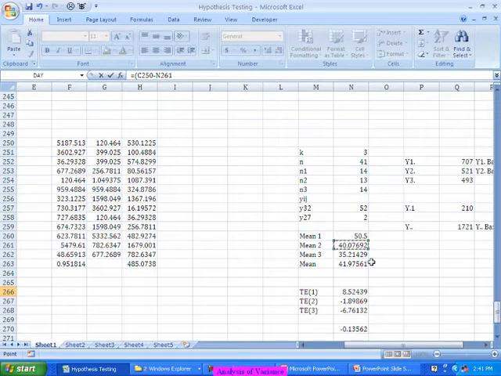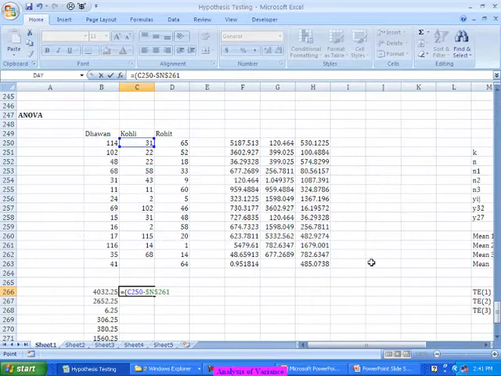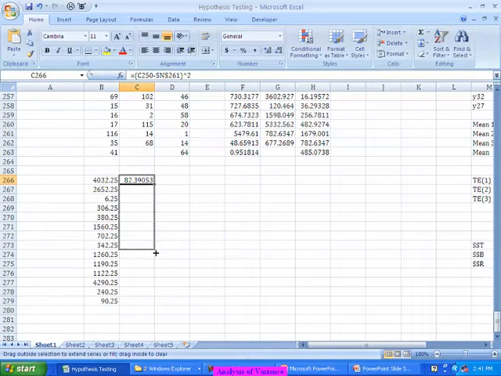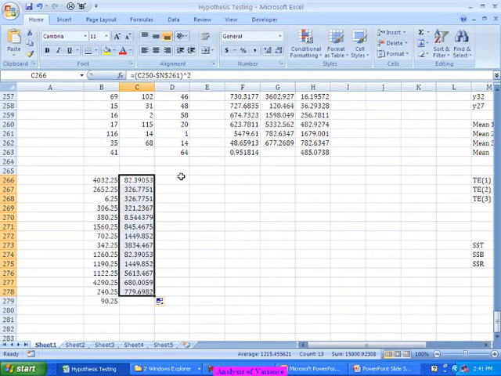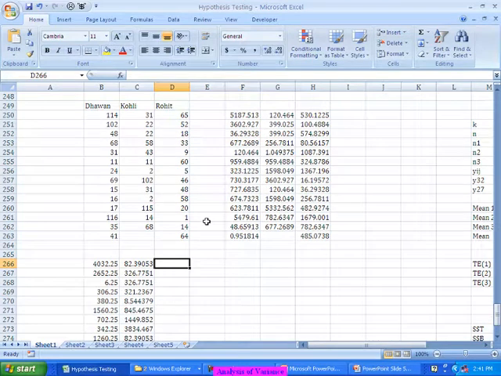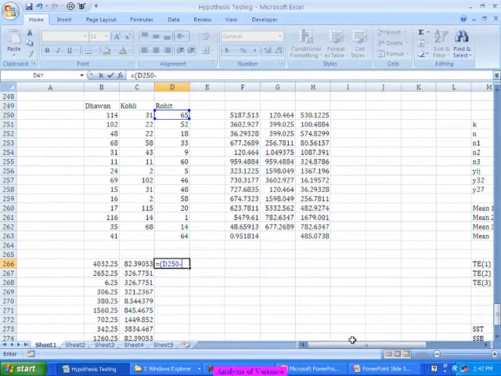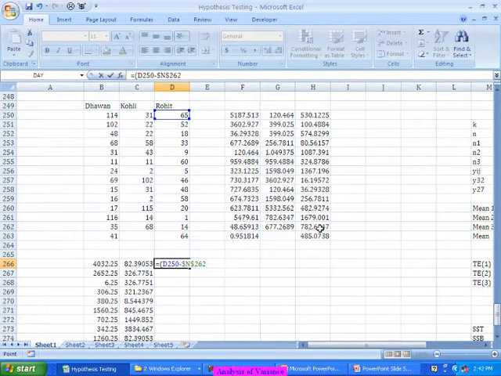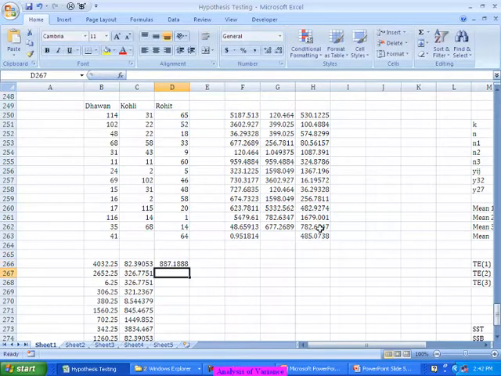Earlier, when we did the total sum of squares, we took it with respect to the overall mean. But here we have taken it with respect to the mean specific to that particular treatment. So these are the sum of squares with respect to Kohli. And finally, the same with respect to Rohit: each individual item minus the mean of Rohit, squared.